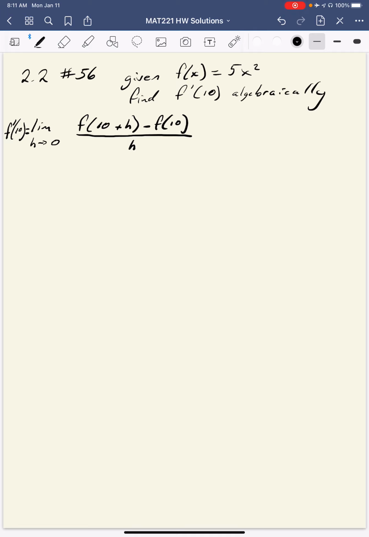Okay, so now I'm asked to find this algebraically. So the first thing that I need to do is work with the function that I've been given, 5x squared. And so changing now from function notation to the actual formula for the function gives me the limit as h approaches 0 of, let's say, the function at 10 plus h.